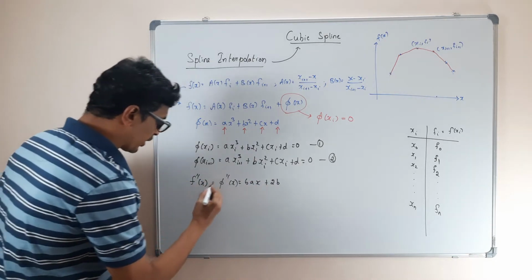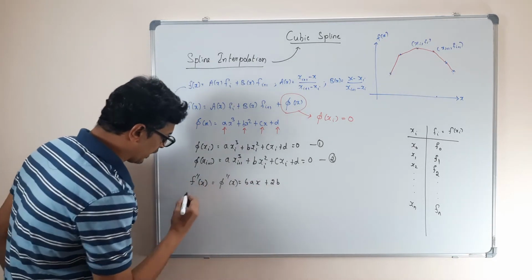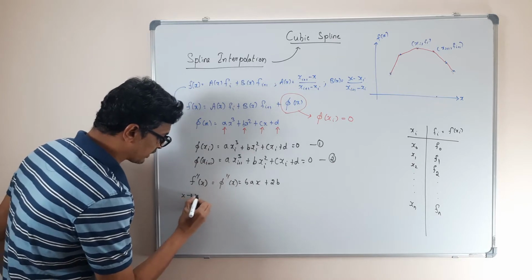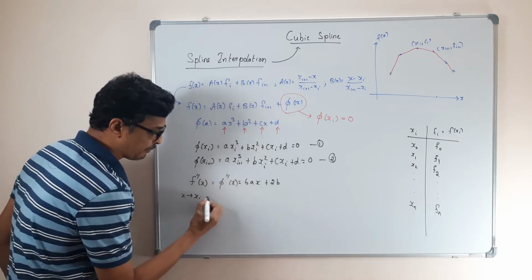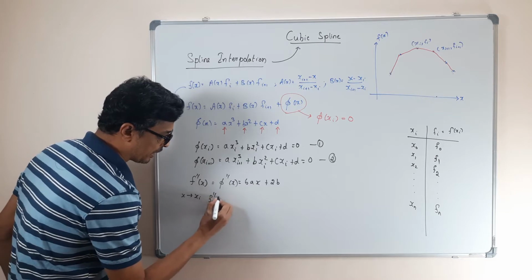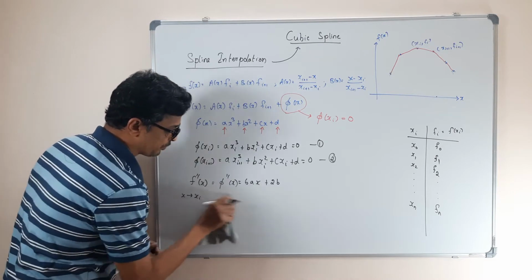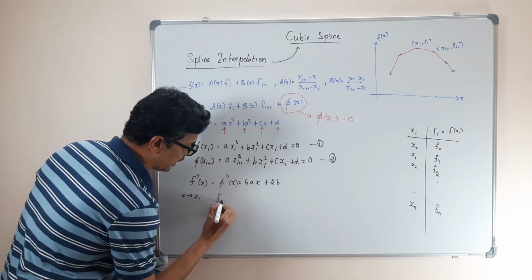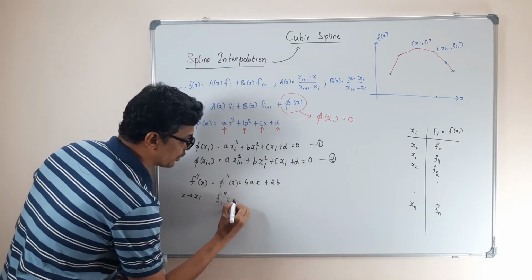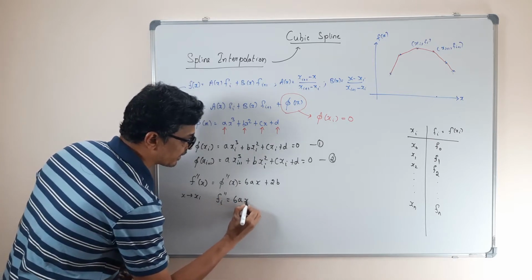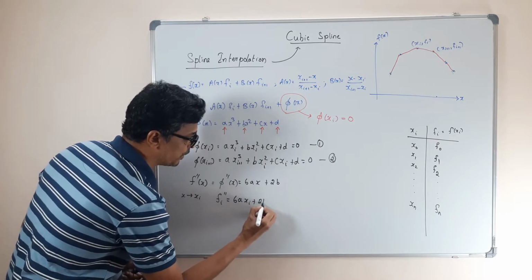So when x is equal to xi, we get f double prime of xi, which I am going to write as fi double prime, equal to 6a xi plus 2b.